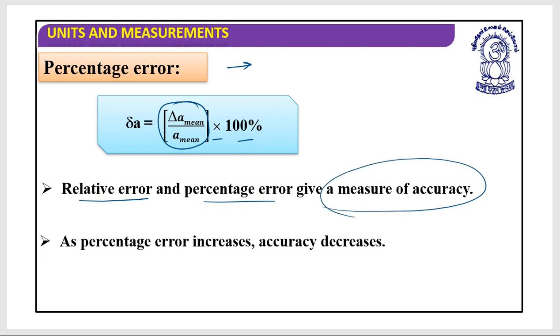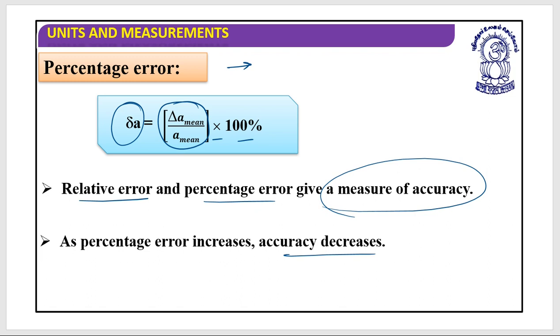They will tell you how accurate your observation is. As you understand, as soon as percentage error increases, accuracy decreases. Because what we understood by an error is the fault in the calculation, or a fault in the measurement. So as soon as the percentage error increases, accuracy decreases, and so on.